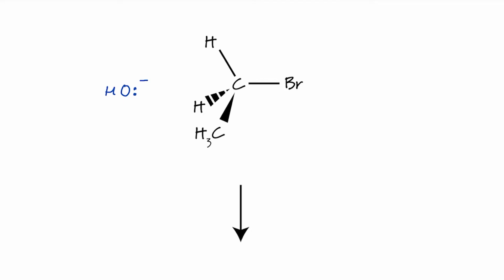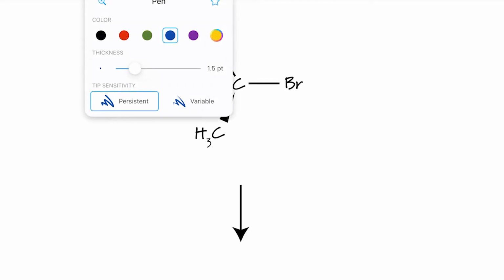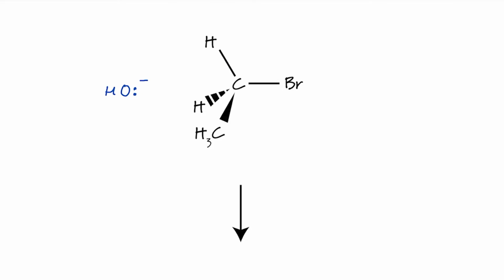Now, if we go back to our definition, this carbon atom is either positively charged or partially positive charged. Well, we know it's got a delta plus because it's bonded to bromine, and bromine is slightly more electronegative than carbon. However, as our hydroxide ion approaches, that's going to polarize this bond further. So the carbon is more partially positive than perhaps we might expect.